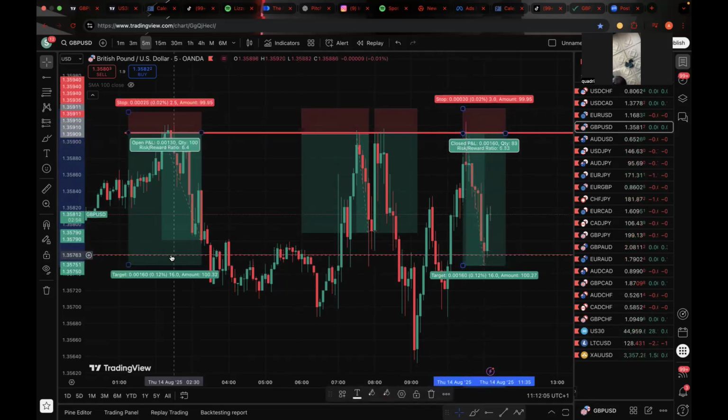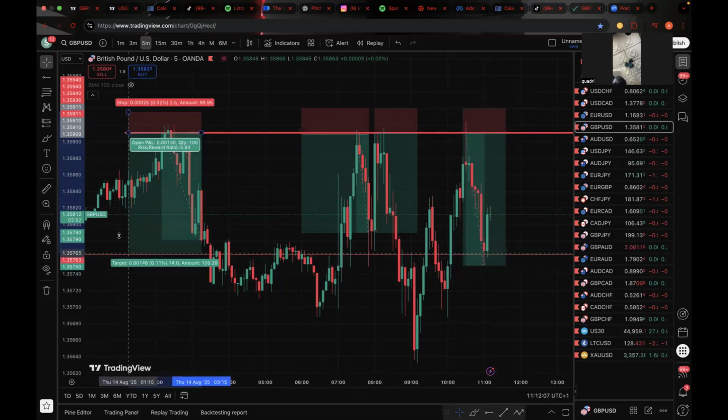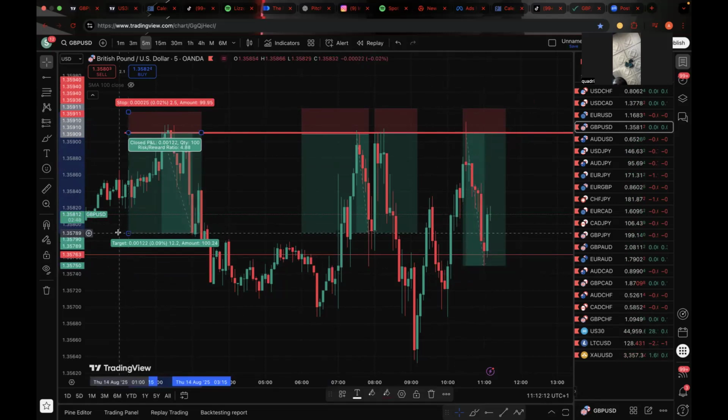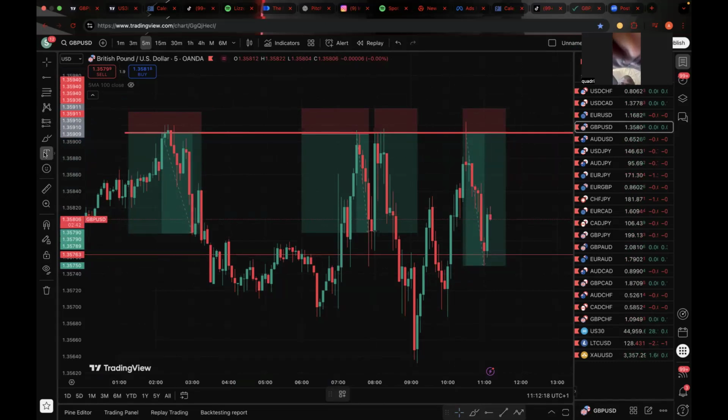So what I said is that a while ago, when we were trading this strategy, we were having lots of TPs. But usually, this is what actually happens. We have our stop loss. Let's say our stop loss is 3 pips.